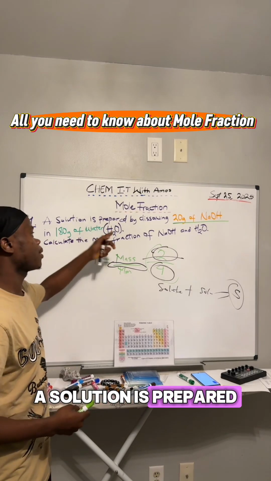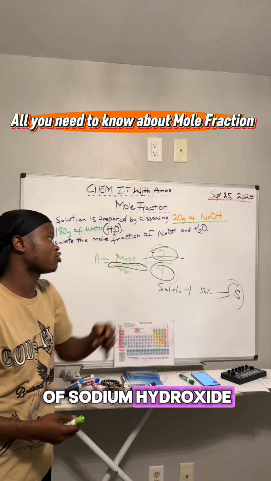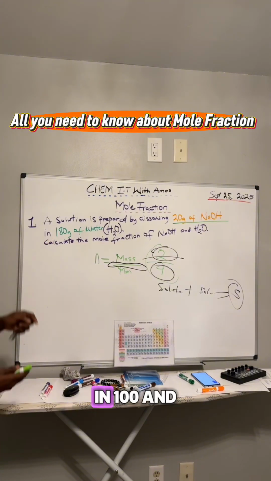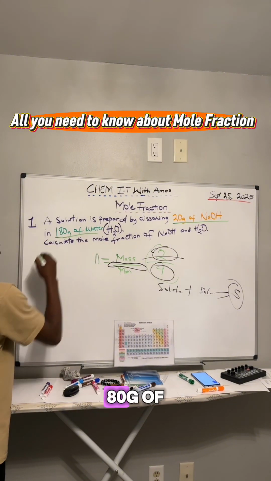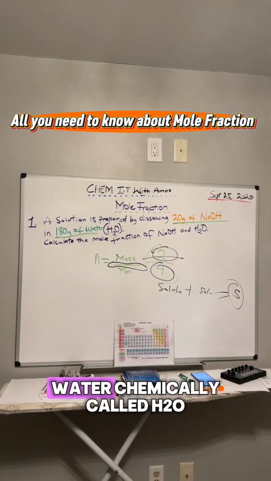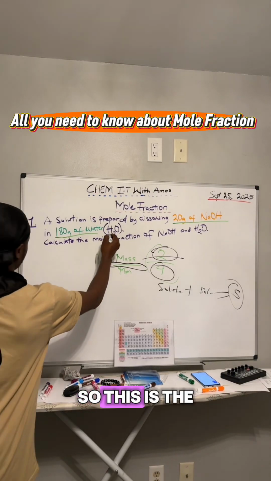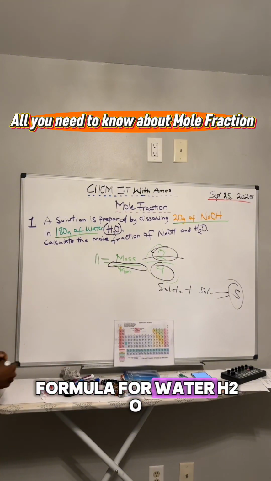A solution is prepared by dissolving 20 grams of sodium hydroxide in 180 grams of water, chemically called H2O. So this is the formula for water.